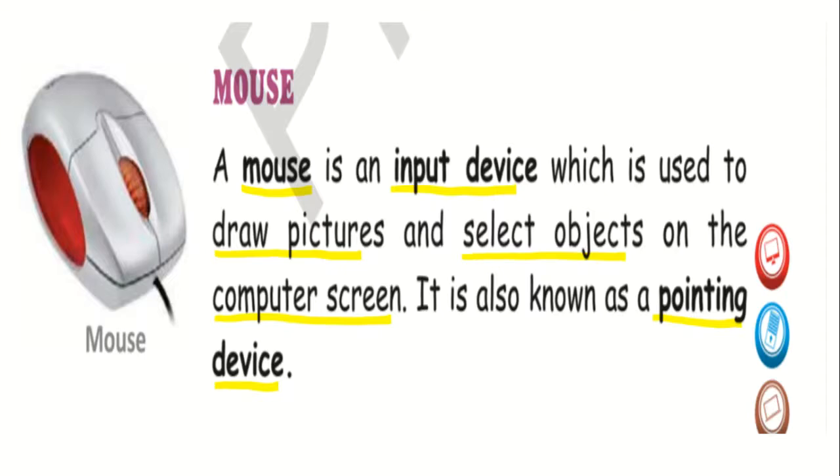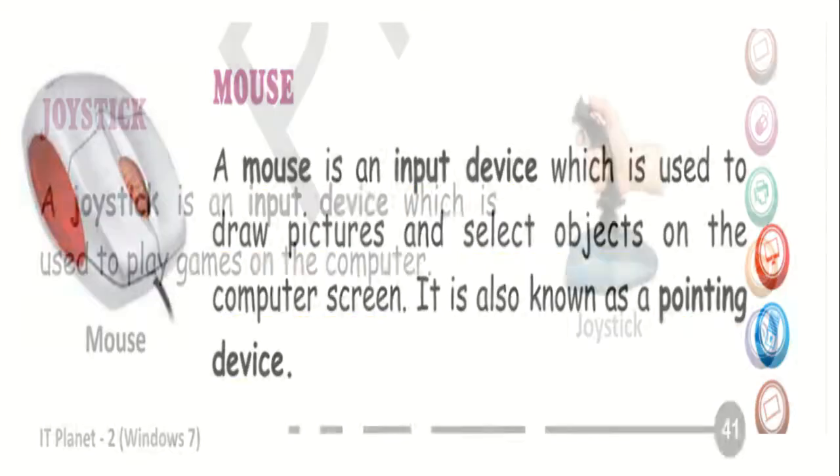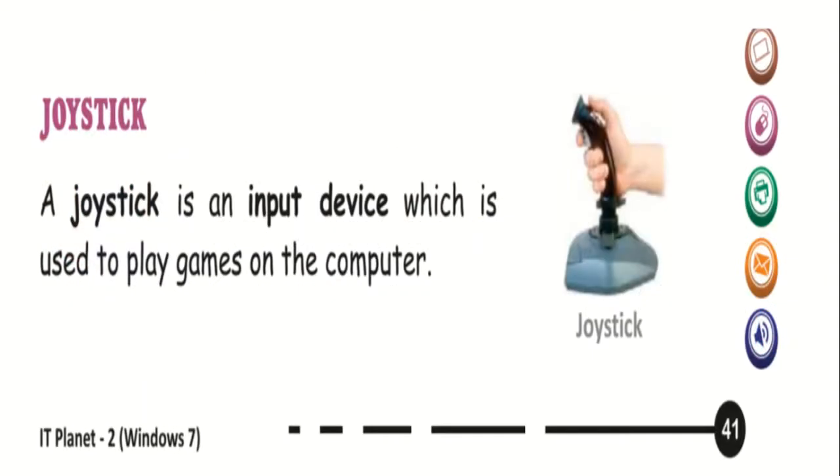Now it is time to read about the third input device. And the third input device is joystick. Joystick is an input device which is used to play games on the computer.